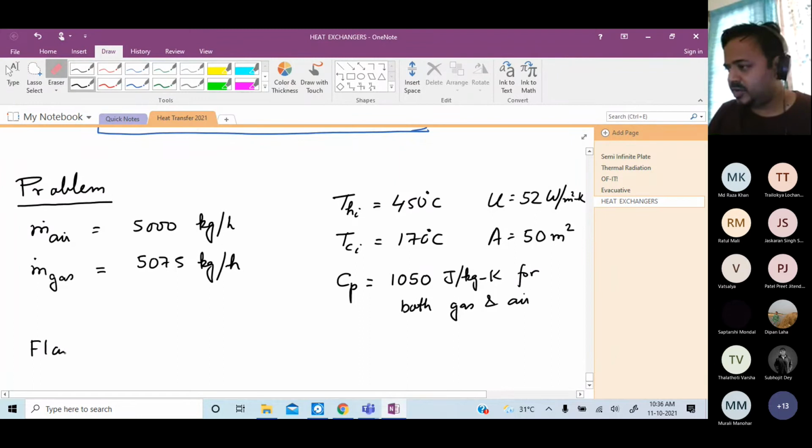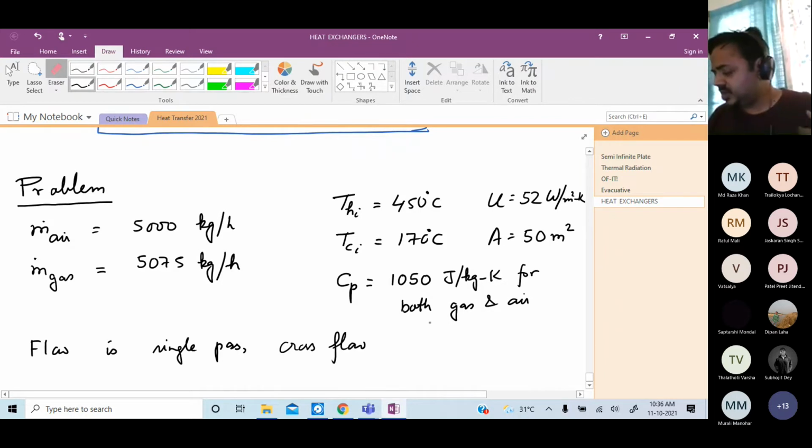So the flow is single pass cross flow. Flow arrangement is cross flow with both fluids unmixed.